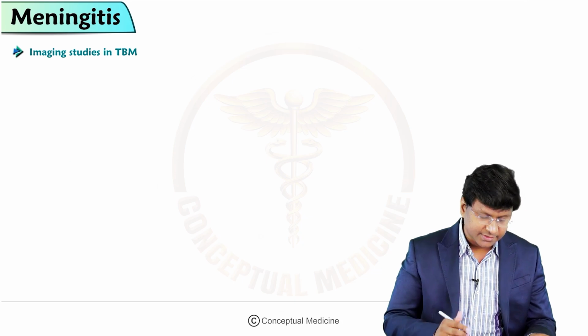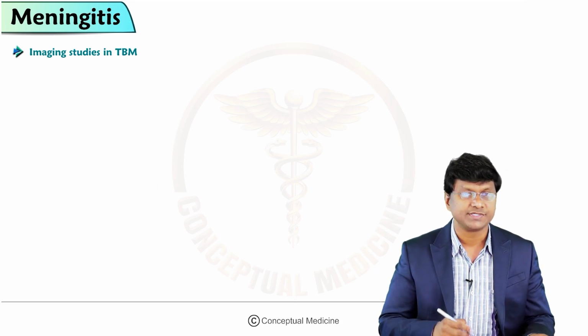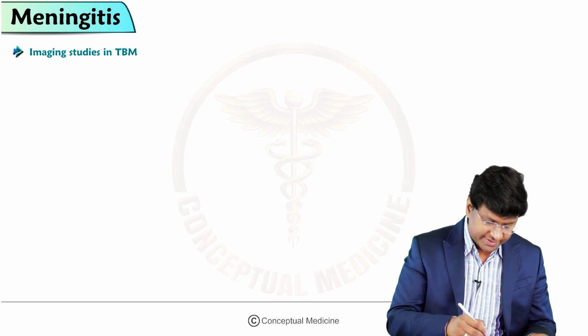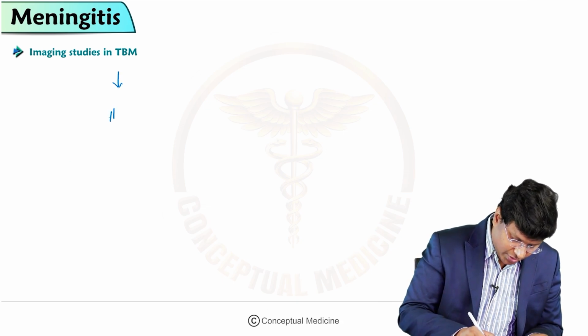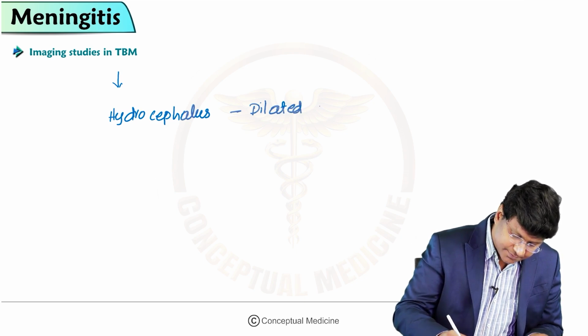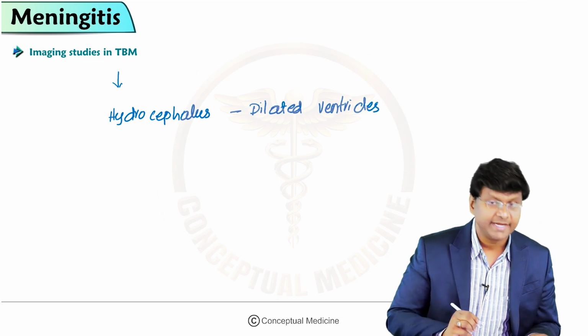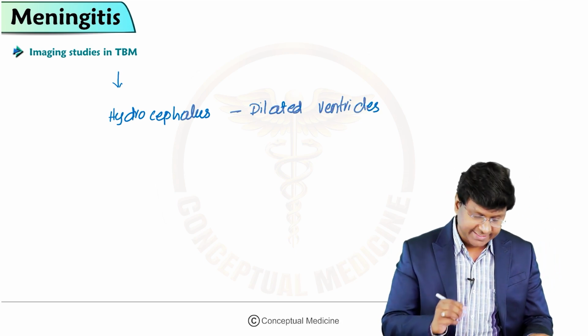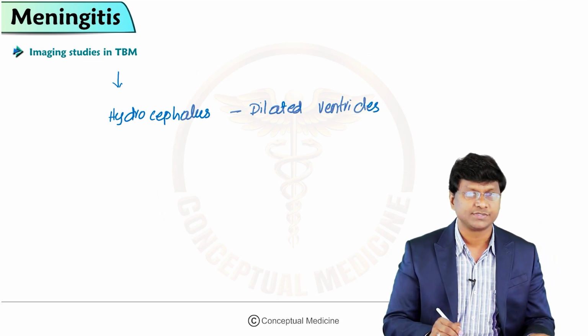Then if you take the imaging studies in tubercular meningitis, the imaging studies may show hydrocephalus. So what will be the features of hydrocephalus in CT or MRI? In hydrocephalus, there will be dilated ventricles. That is what you will observe in hydrocephalus.